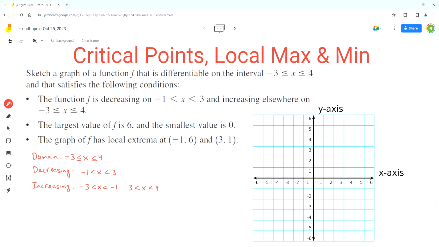So there's a very important concept we need to understand to solve this type of problem. So these are the two intervals on which the function is increasing. Now we are also given the largest value of f is 6, so that's the absolute maximum. And the smallest value is 0, so that's the absolute minimum.